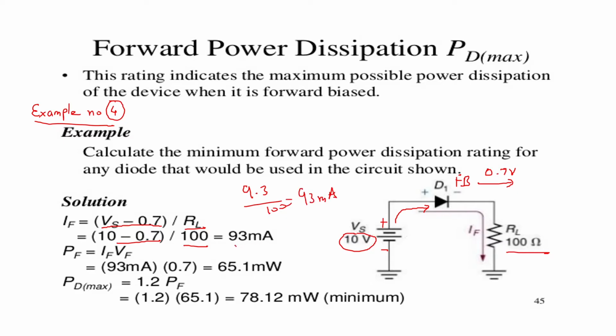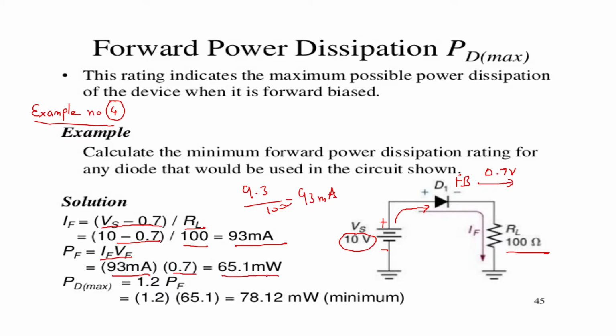Power is equal to IF into VF. IF is 93 milliampere, and VF, the forward voltage, which was the potential barrier overcoming, is 0.7. If you multiply, you will get 65.1 milliwatts.